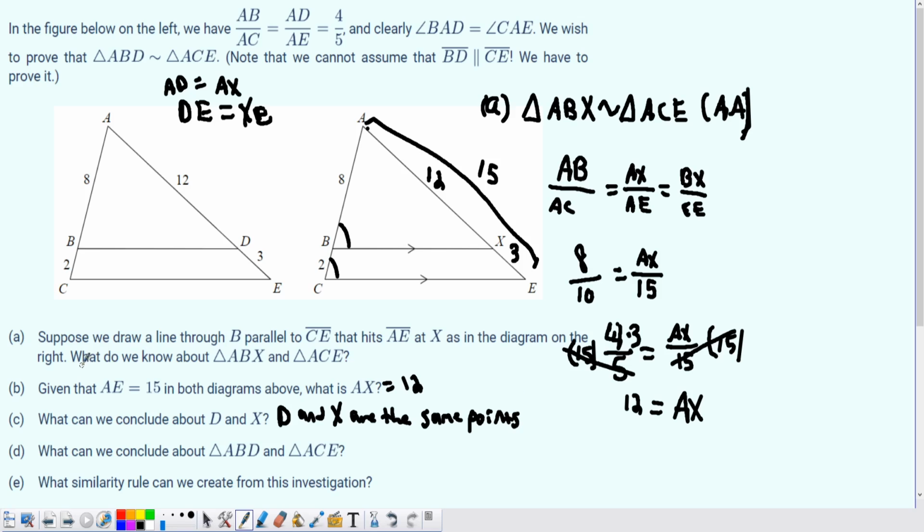Hence, we can then conclude that BD is parallel to CE. And what can we conclude about triangle ABD and ACE? That they are in fact similar. Just imagine if you take our first similarity statement all the way from part A and replace X with D, and we would get the same thing.